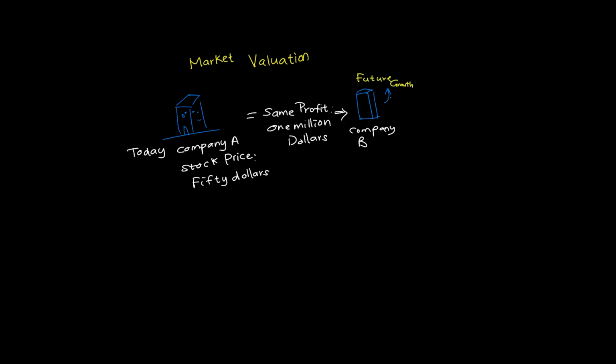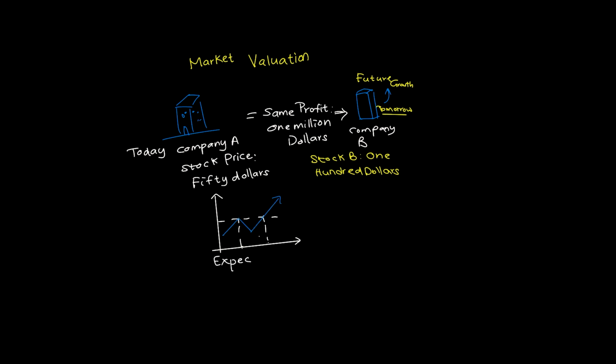The answer is growth expectations. Stock prices aren't just about today's earnings. They reflect what investors believe about tomorrow's earnings. Maybe Company B is developing breakthrough technology, entering new markets, or has a proven track record of doubling profits every few years. Investors are willing to pay more today because they expect much higher profits in the future.